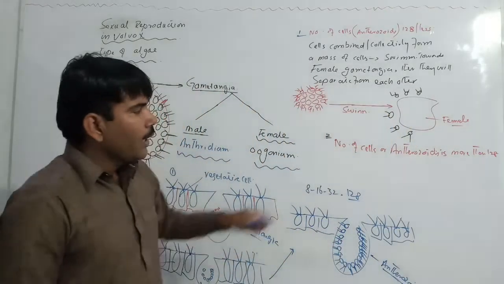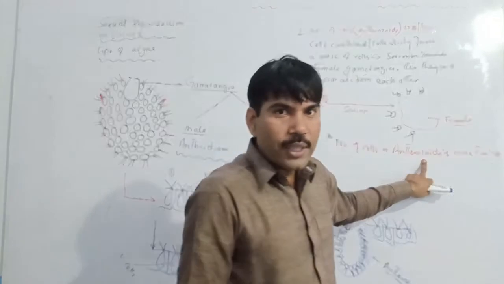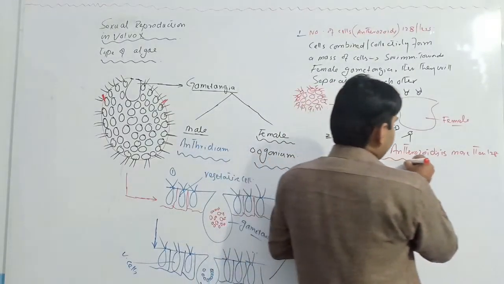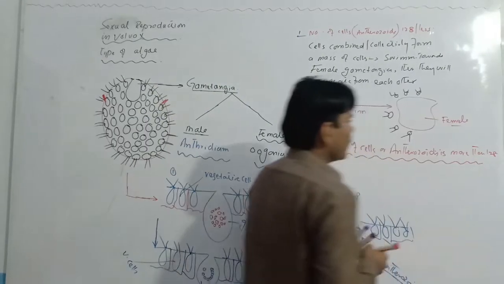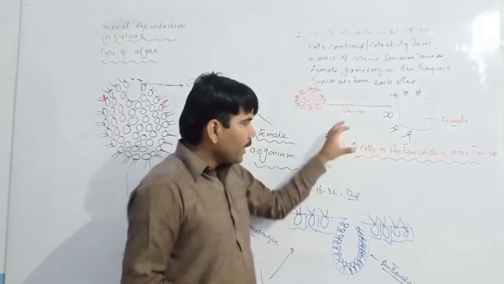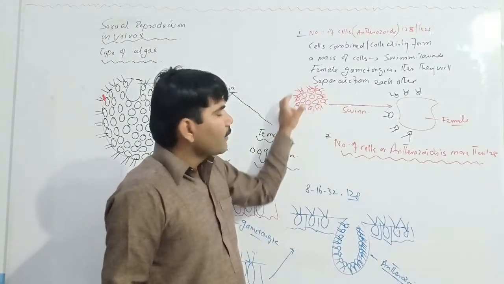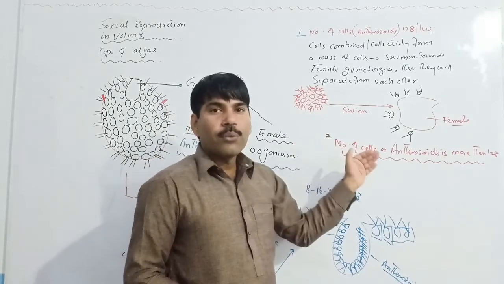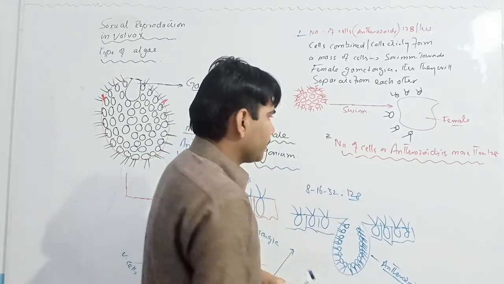What will happen when the number of antherozoids is more than 128? So it is the second case. The first case was when the number of cells was less than 128, but in this case the number of cells is increased and becomes 128 or more.